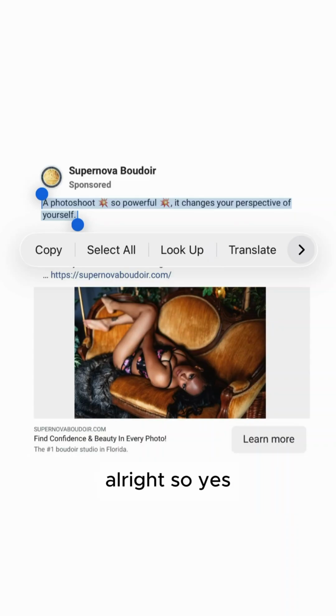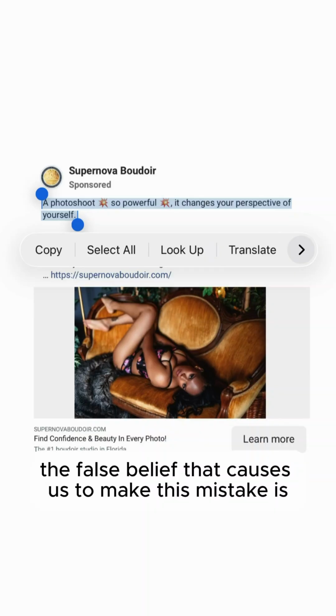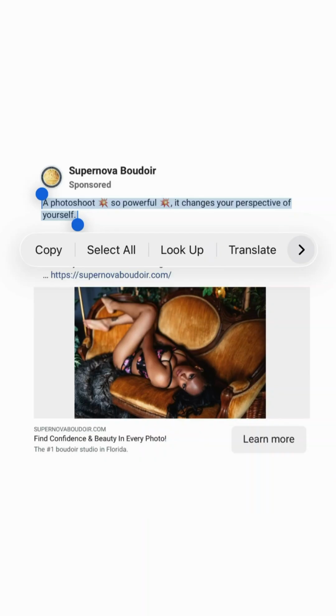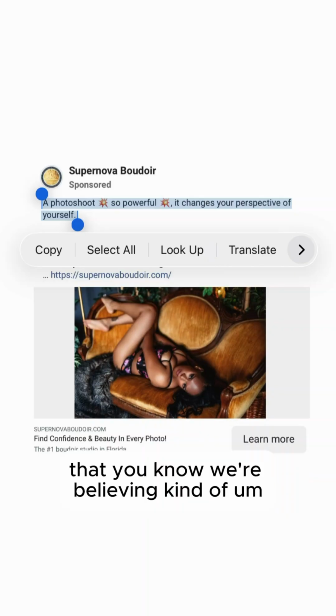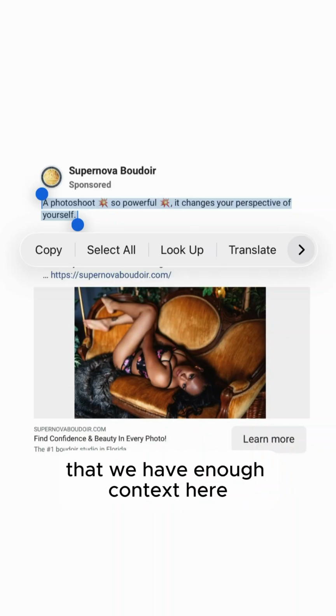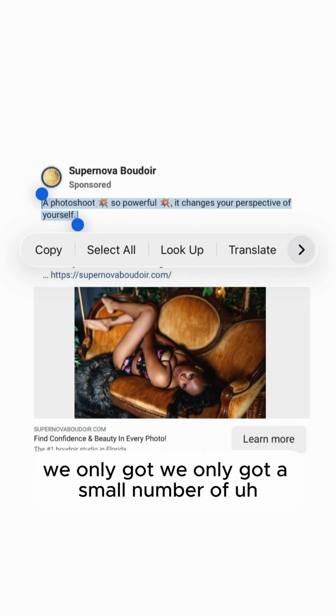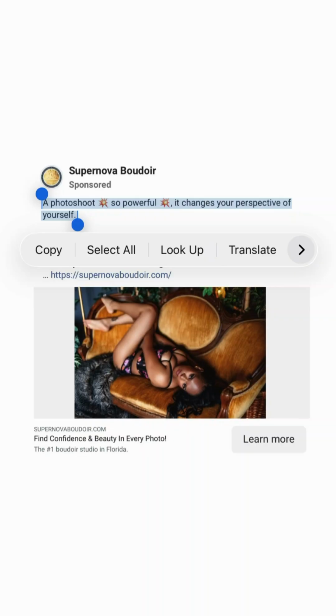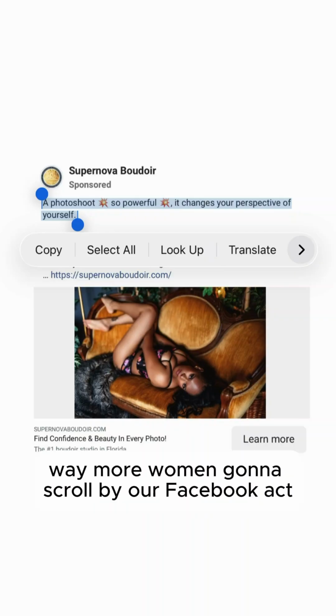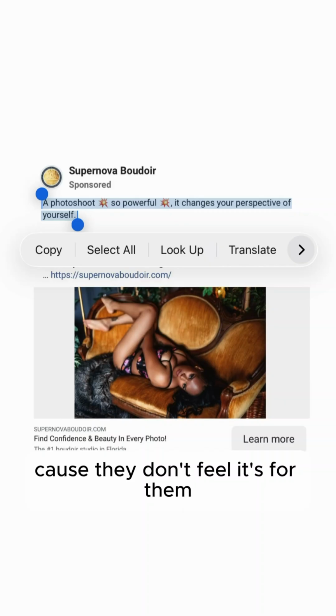All right, so yes, the lack of context mistake. The false belief that caused us to make this mistake is that we're believing that we have enough context here, but it's not. We only got a small number of context points. But the consequence of this is way more women going to scroll by our Facebook ad because they don't feel it's for them.